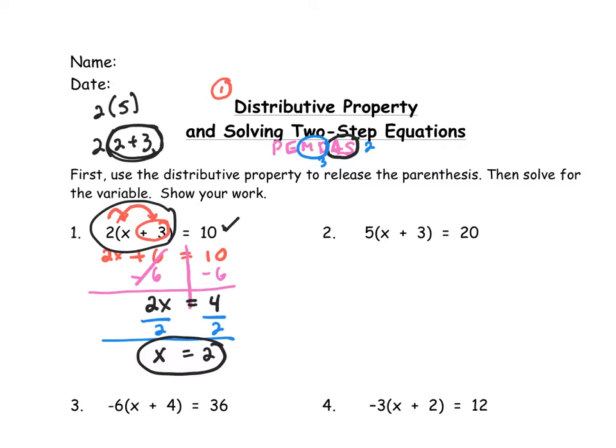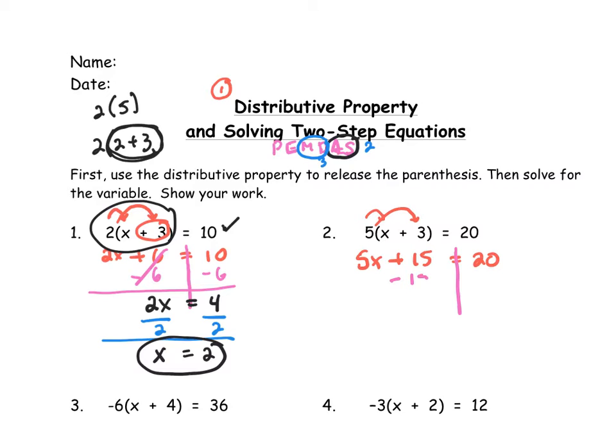Now what I'd like you to do is try number 2 on your own. So in number 2, after you use the distributive property, what would be the resulting equation? So you would have 5x plus 15 equals 20. What solving step should you do next?